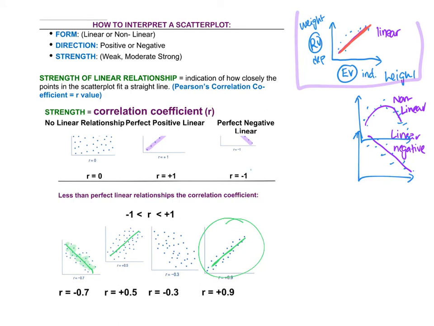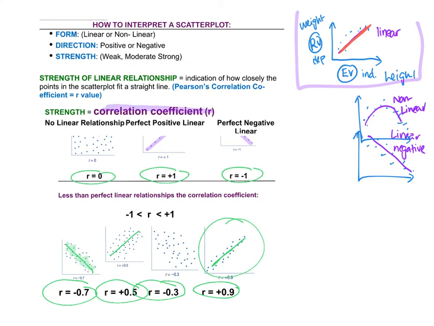Now, underneath, can you see these numbers here? This is a way that we can calculate a number using our calculator, and it tells us what category to put it in, whether weak, moderate, or strong. It's called the R value, which we're going to call the correlation coefficient.